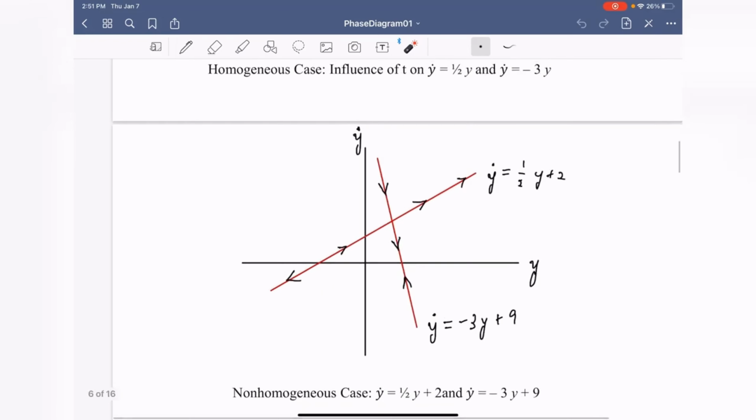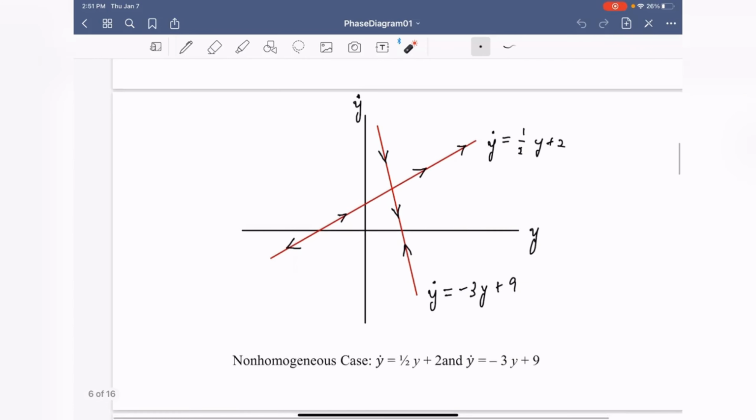Consider another one. Here we have a non-homogeneous case where y dot is 1/2 y plus 2 and y dot is minus 3y plus 9. So here we have our equilibrium. Again, we move down away for this function. As time increases, we move in this direction, but if we're above the horizontal axis, we move in this direction.